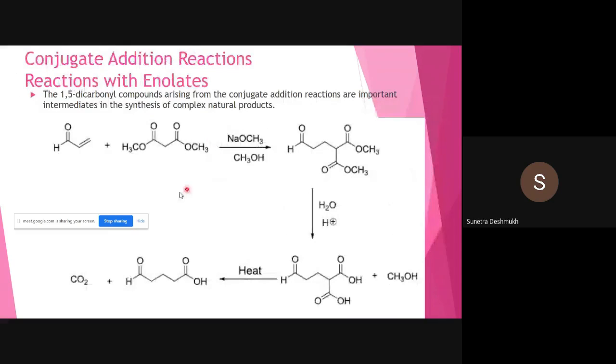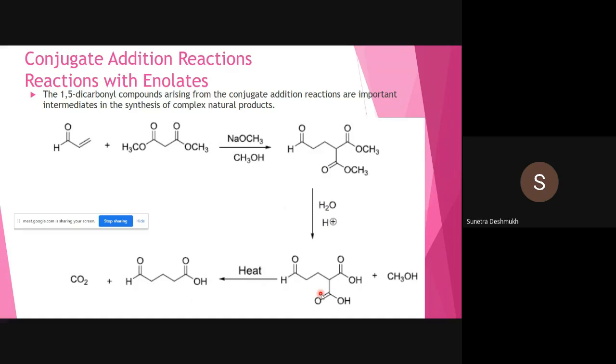Then one more representative reaction, the same thing I think. The 1,5-dicarbonyl compounds we can synthesize via conjugate addition. Here they have taken an alpha beta unsaturated aldehyde and an active methylene, again an ester, with sodium methoxide as a base. Again the same thing: we get the intermediate, then protonation.